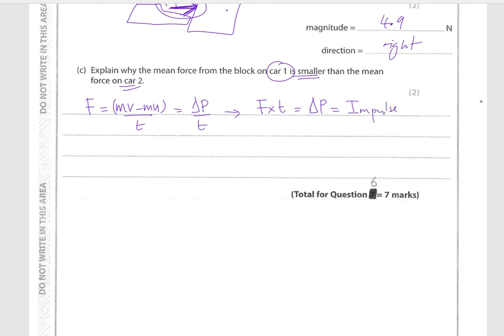This is equal to the impulse. Now the crumple zone increases the time. So it takes longer for you to collide and therefore come to a stop. So it increases the time. Good.